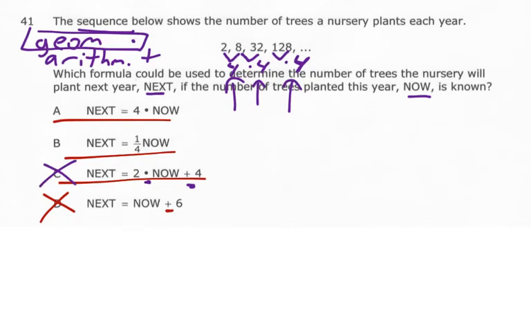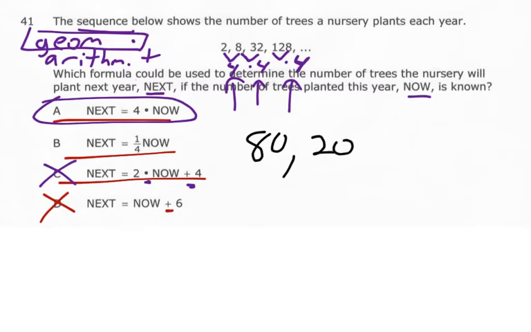Now A and B, it's between those two, and we know that it's multiplying by 4, so we know the answer choice is A. But let's just be devil's advocate. When do you think B would work? Well, what if we had, for instance, 80 as our first number, our next number was 20, our next number was 5, and then 1.25.